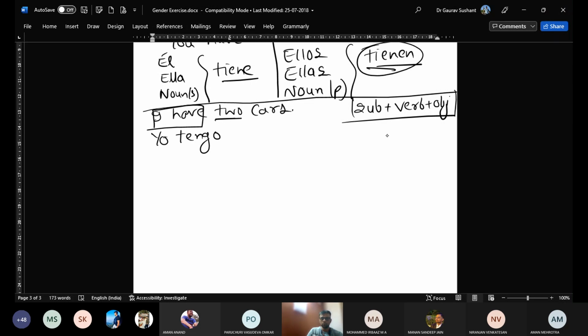Two is dos. Car is coche, or carro also. I'm just using coche, and the plural is coches. So, yo tengo dos coches. In Spanish you are also following the same structure: subject, verb, and object.